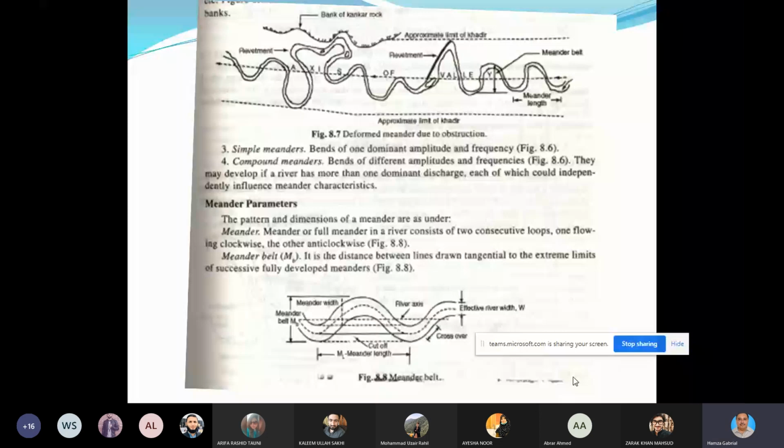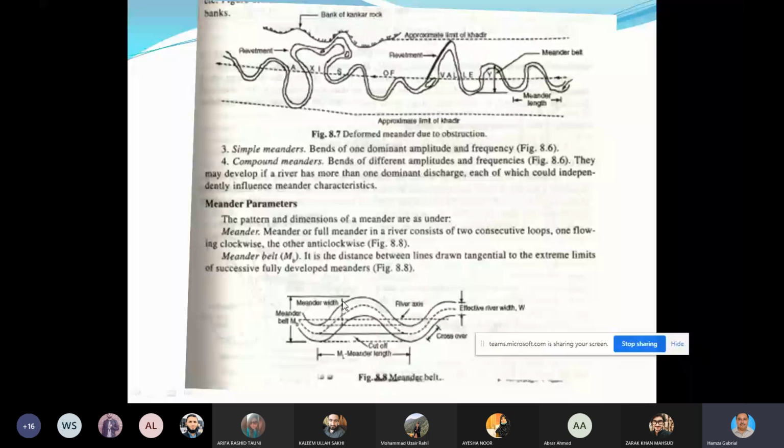So a meander consists of two consecutive loops, one clockwise and the other anti-clockwise, in exactly the opposite direction. In figure 8.8 at the bottom, you see the clockwise and the anti-clockwise direction. You will see two consecutive loops.